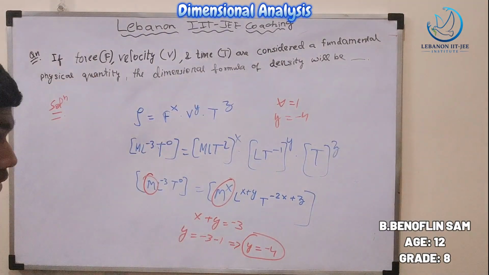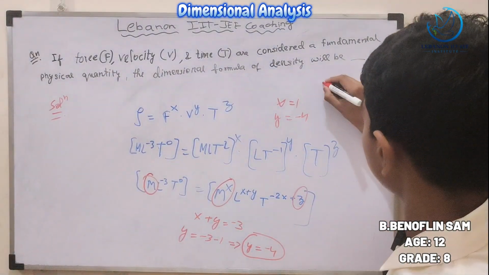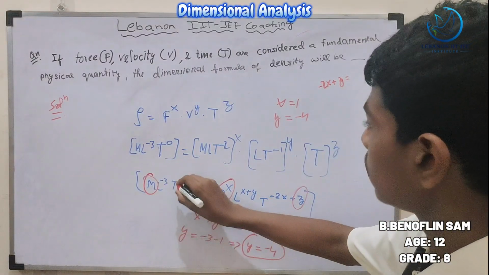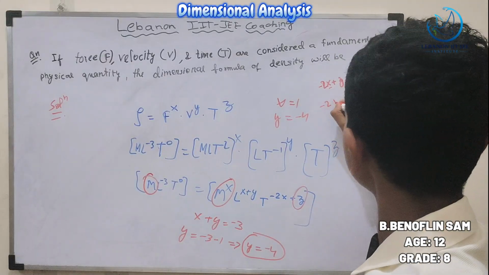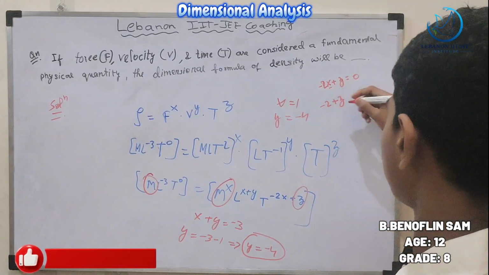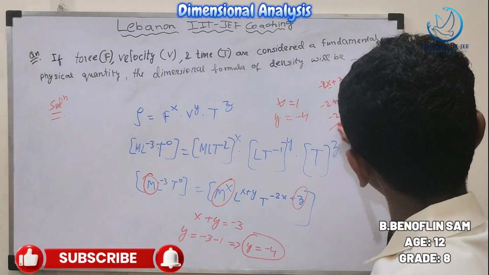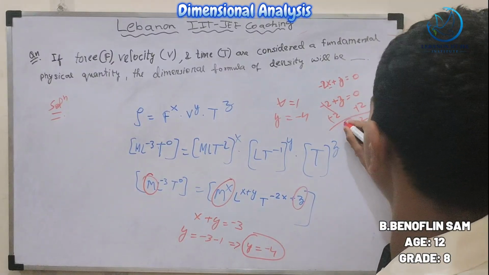You can see it. So for z, we can write this one. Minus 2x plus z is equal to 0. So x is equal to 1, so minus 2 plus z is equal to 0. Adding 2 on both sides, we get z is equal to 2.